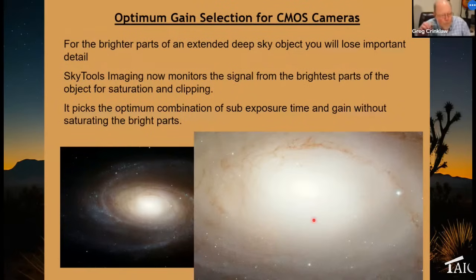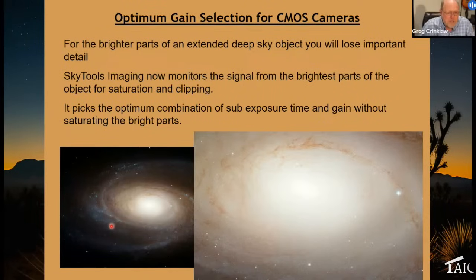So what you do is you start picking lower sub-exposure times, and you start changing the gain settings, and then you calculate the signal to noise ratio you get for whatever you're trying to target, maybe this part here.